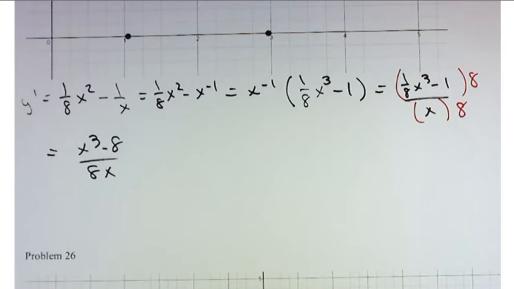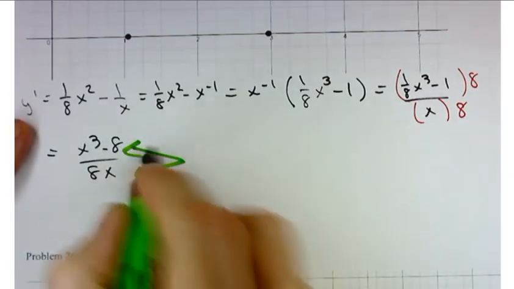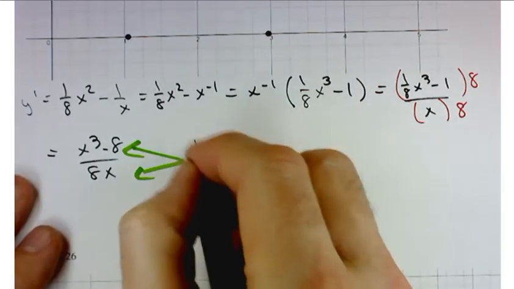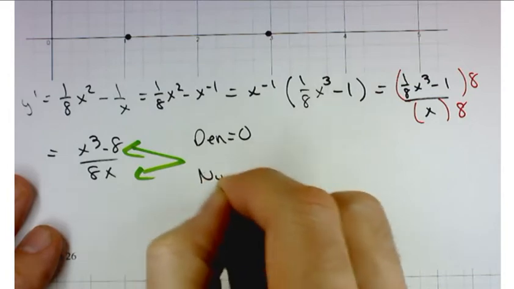All right, that's a little bit more friendly. Easier to work with. I want to know two things here. I want to know where the signs can change in the numerator and where the signs can change in the denominator. So where can each of these equal 0? So denominator equals 0 and numerator equals 0.